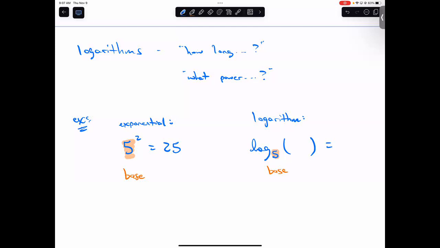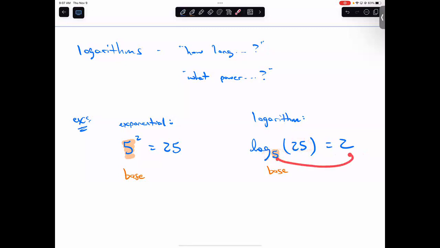For the logarithm, the same thing's true. The base is dealing with how the thing works, what it's doing. But whereas here, I think of this as being like the answer, the result I get. For the logarithm, I take the log of that, and what I find is what power of the base we were talking about. So the log base 5 of 25 is 2, because 2 is the power of 5 that gives me 25.